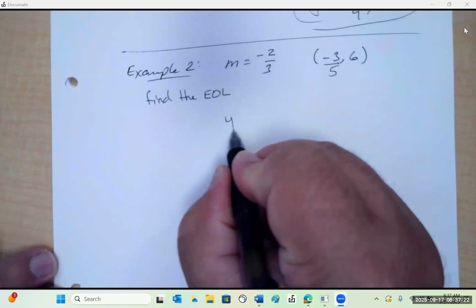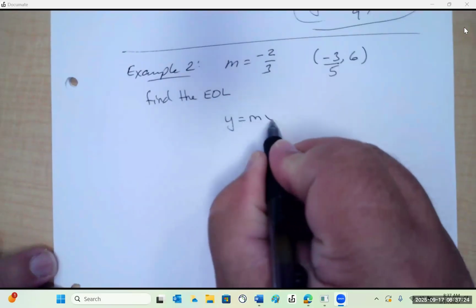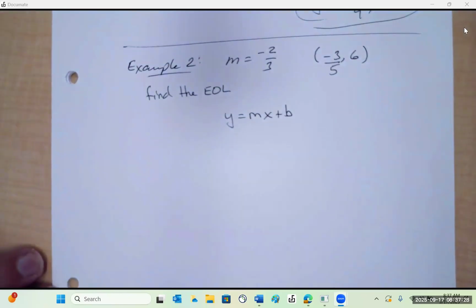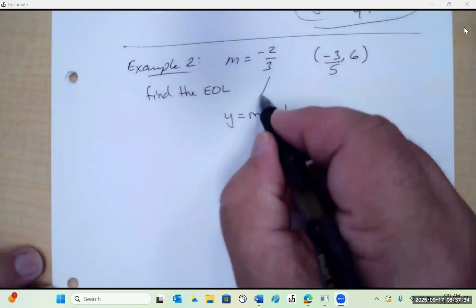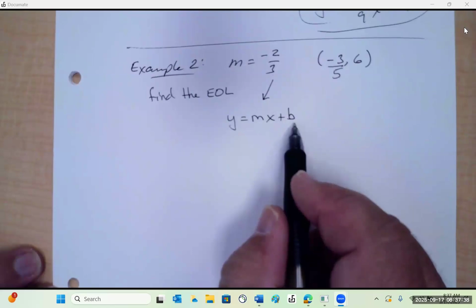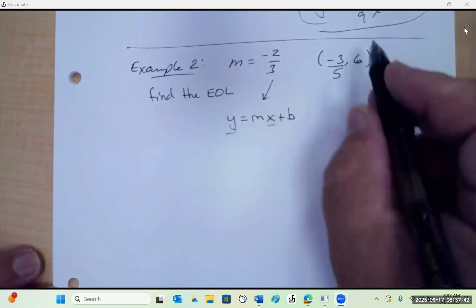So we know we want this equation. We have m defined. Do we know what b is? No, we don't know what b is, but we do know what x and y are.